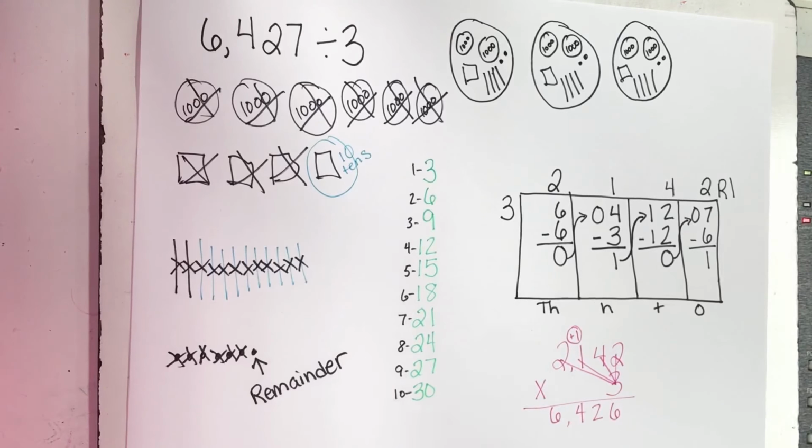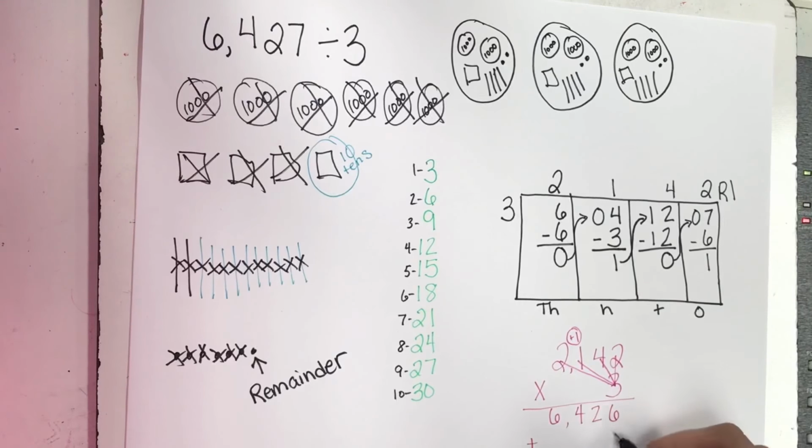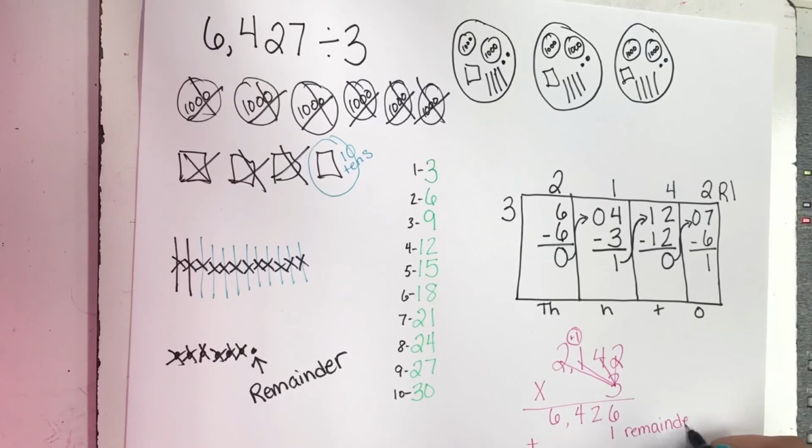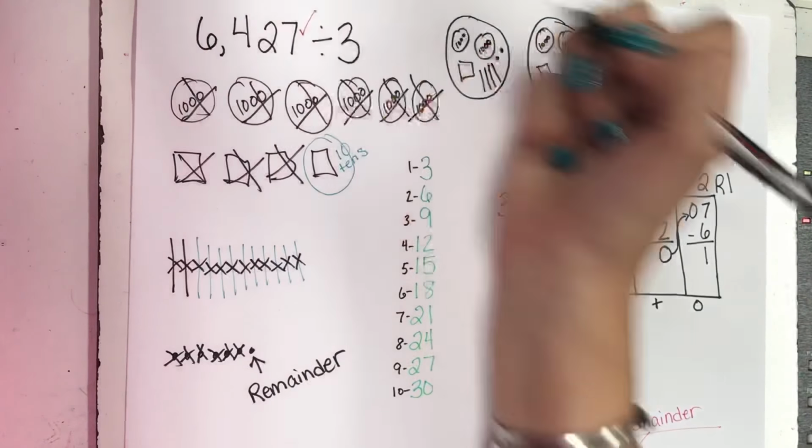But wait a second. I have to add in my remainder. 7, 2, 4, 6. Now, did I get the same number I started with?